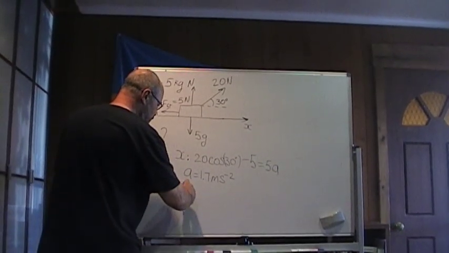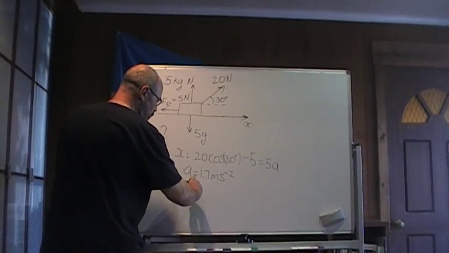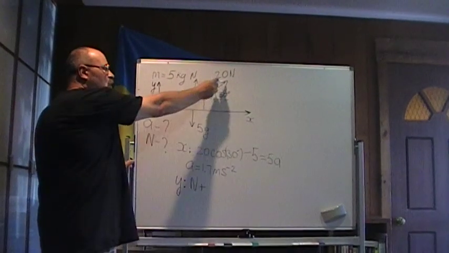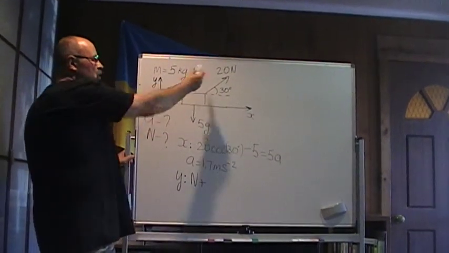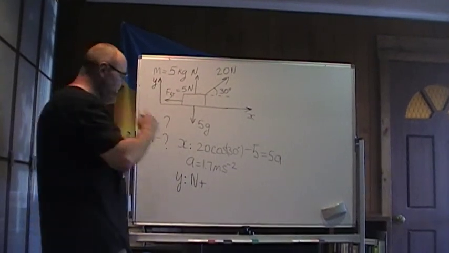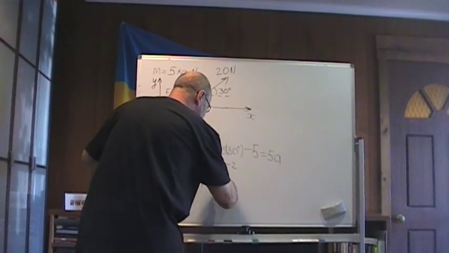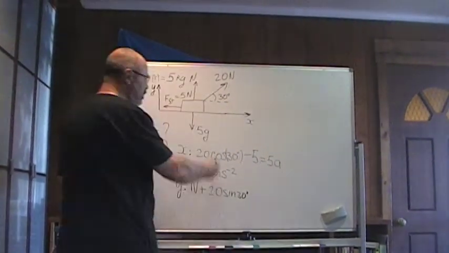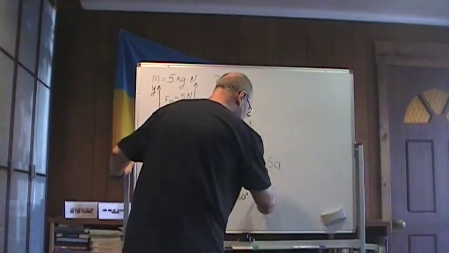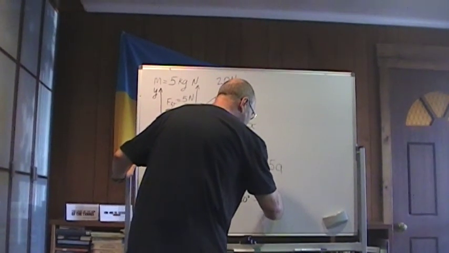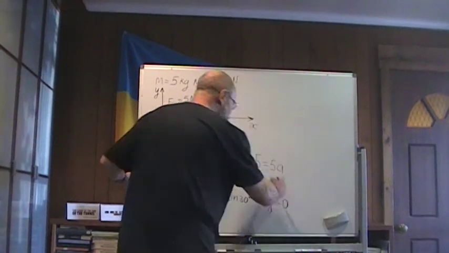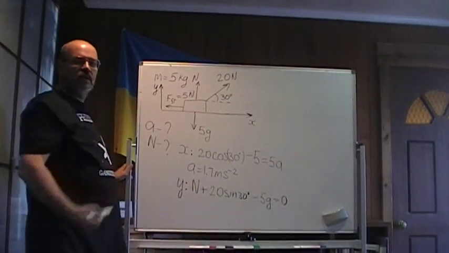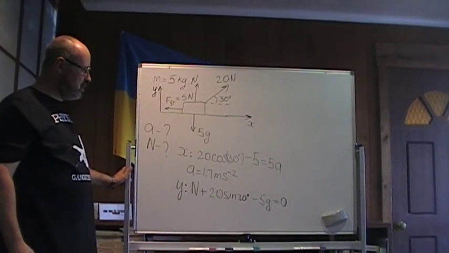In the y-axis, we have N acting in the positive direction, plus we will have the component of this 20 newton force acting up, so plus 20 sine 30 degrees, and we have 5g down, gravity down, and there is no acceleration in the vertical direction. The body is not jumping up, not digging into the surface, so it's equal to 0.